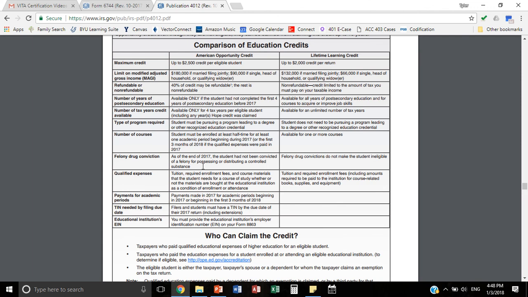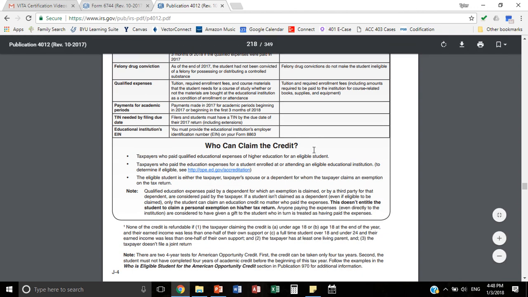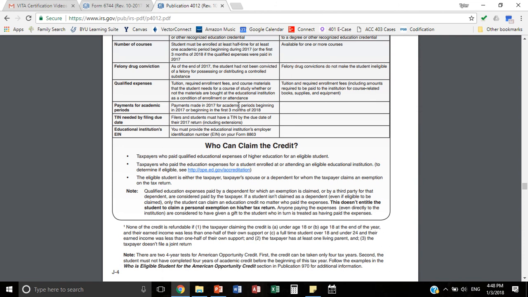But we're safe as far as that goes. It says that he was not convicted of a felony. And then the qualified expenses are for tuition, required enrollment fees, and other things like that. That'll be a little bit more clear later on, but it was for tuition and things like that. So they are qualified expenses. So he meets all these criteria. So we determined that he does qualify, and those expenses do qualify for the American Opportunity Credit.